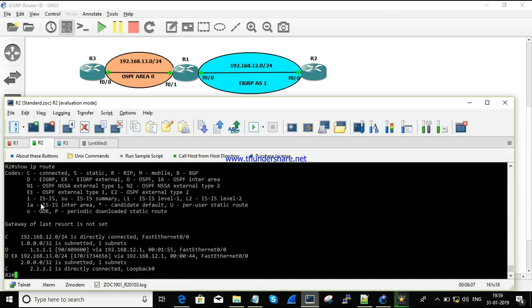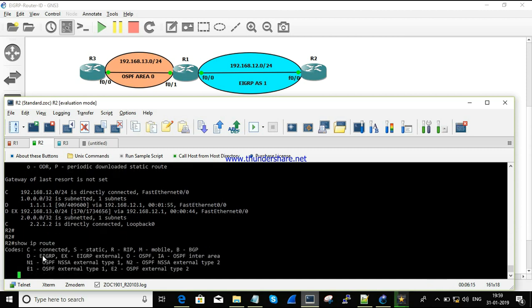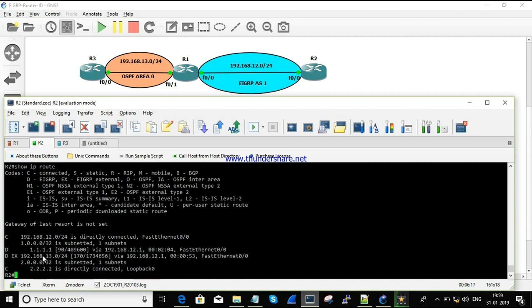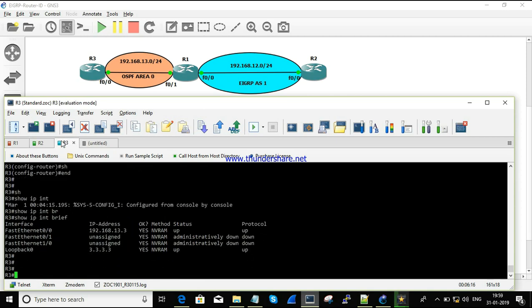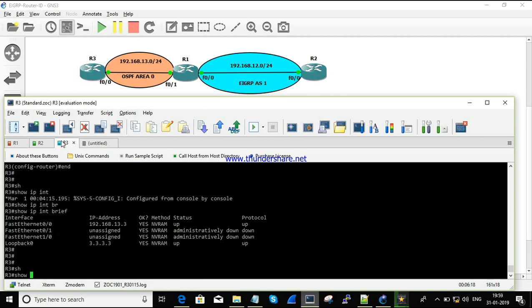In the routing table, we can see 192.168.13.0 is there, but 3.3.3.3 is not available. Then we need to check whether there is any issue in the configuration or not.